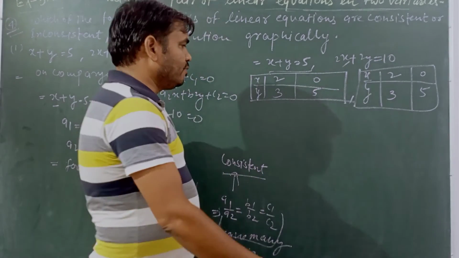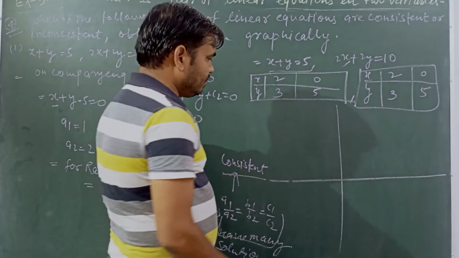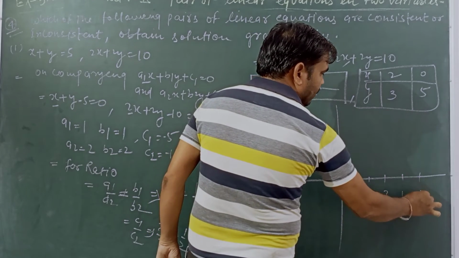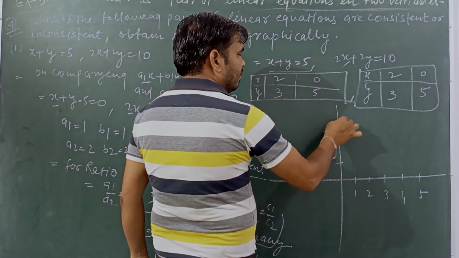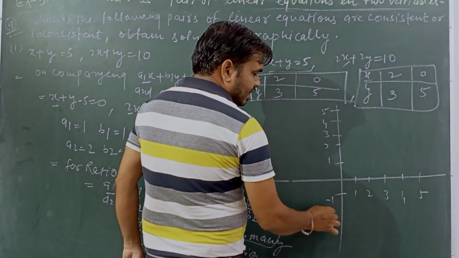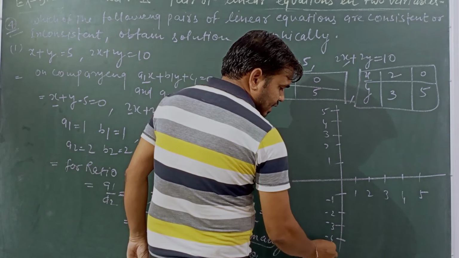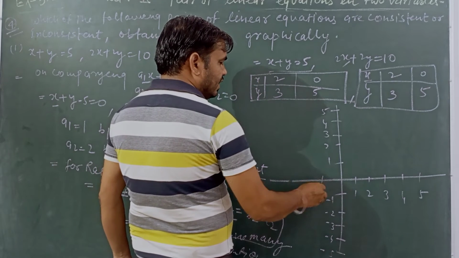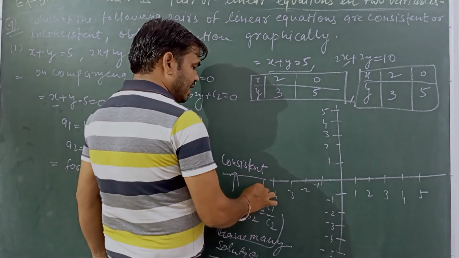Now let me take the graph: 1, 2, 3, 4, 5 on both axes, and also minus 1 to minus 5.